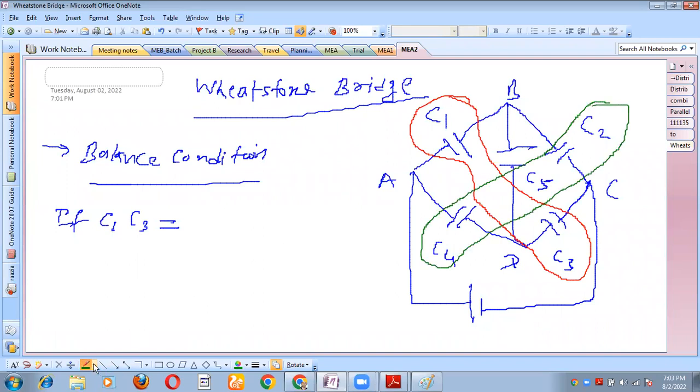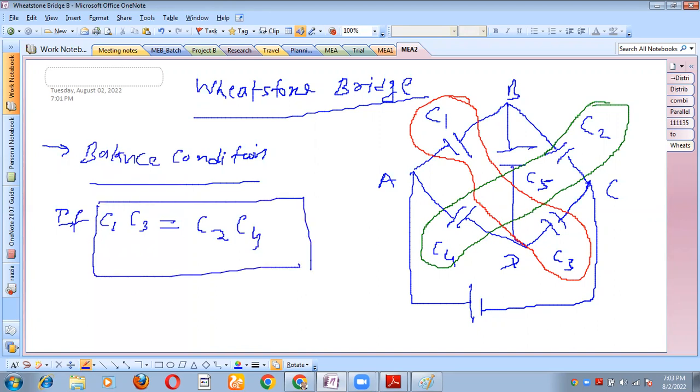If C1 into C3 is equal to C2 into C4, then it is known as the balance condition. Don't remember the ratio, as in that case we get confused.